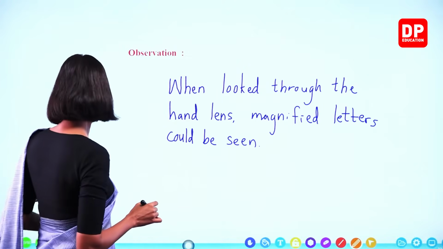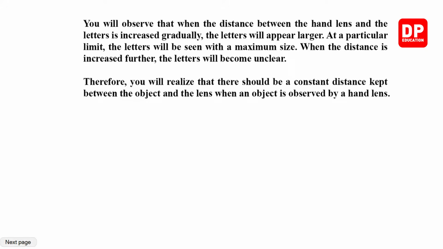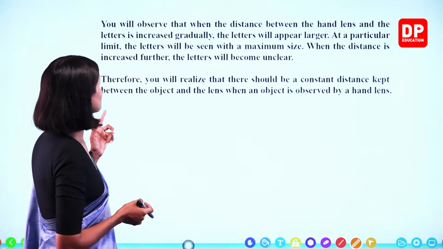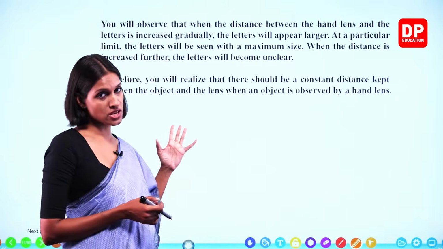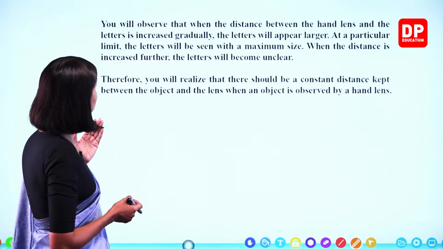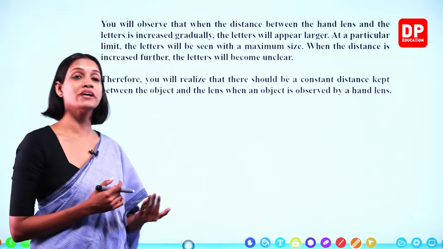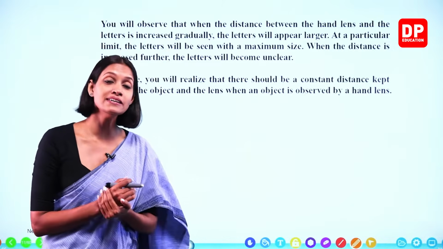Okay? Right. Okay, here again. You will observe that when the distance between the hand lens and the letters is increased gradually, letters will appear larger. At a particular limit, the letters will be seen with the maximum size, right? When the distance is increased further, the letters will become unclear, as I explained earlier.